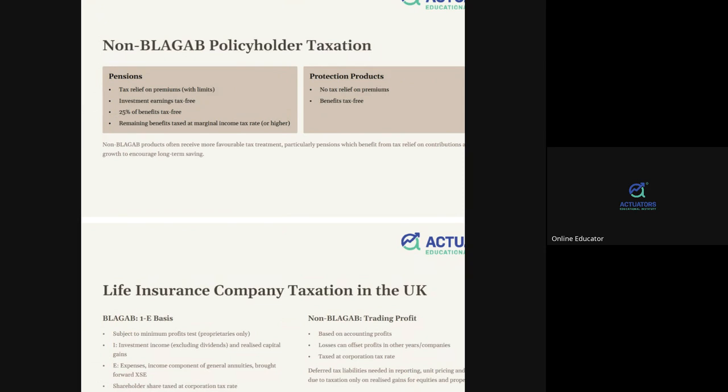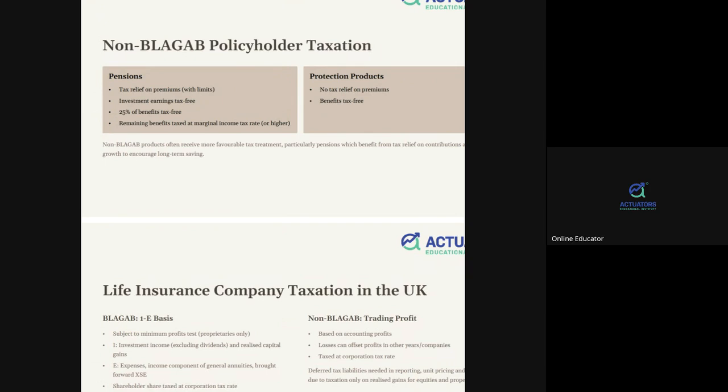The remaining gets converted into an annuity. Whenever you receive the benefits of the annuity, again you will get taxed at your marginal income tax rate, right? If at the beginning you withdraw anything that is greater than 25%, that will also get taxed at your marginal rate of income tax. Right. Yeah.